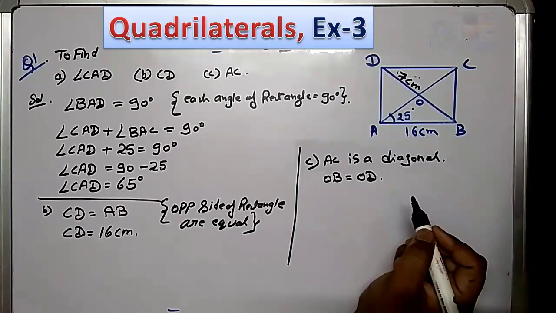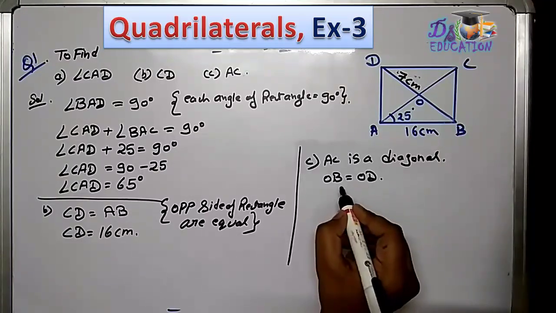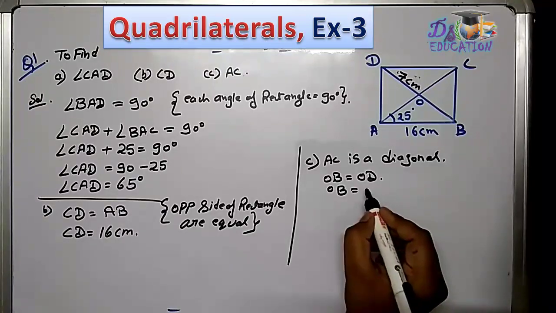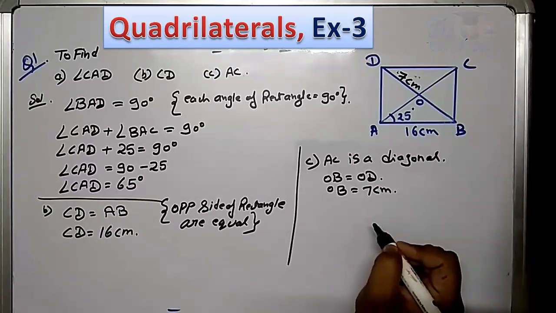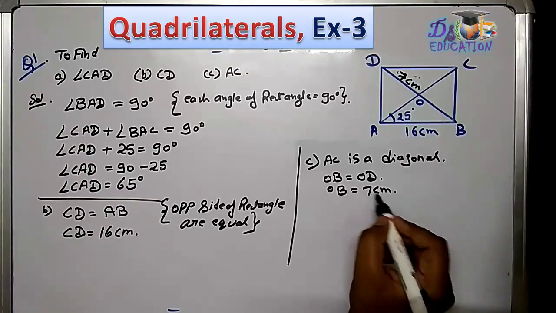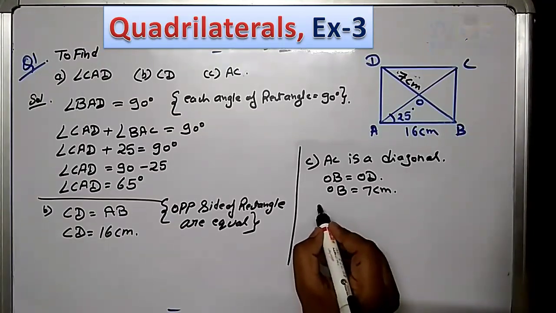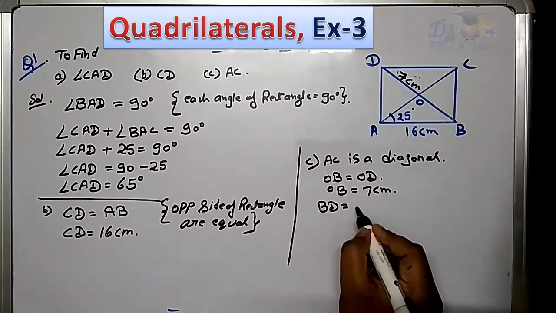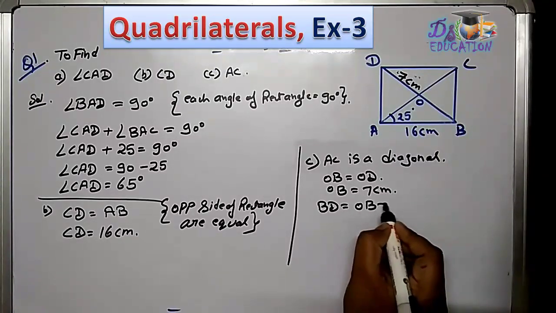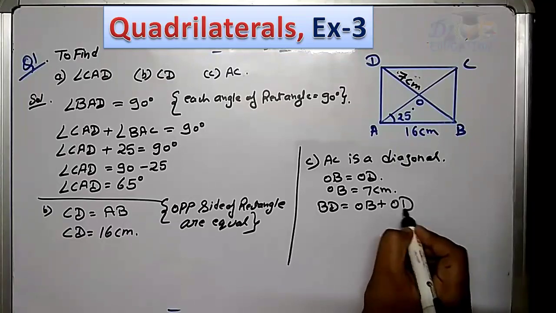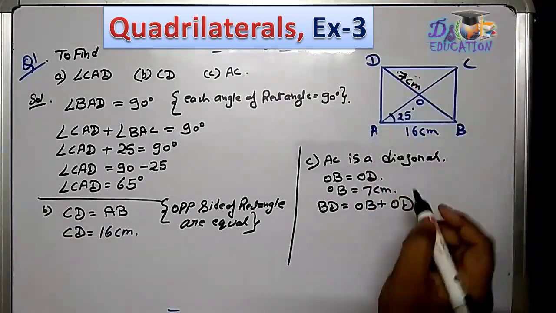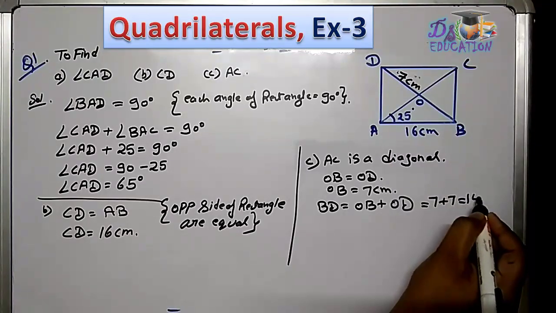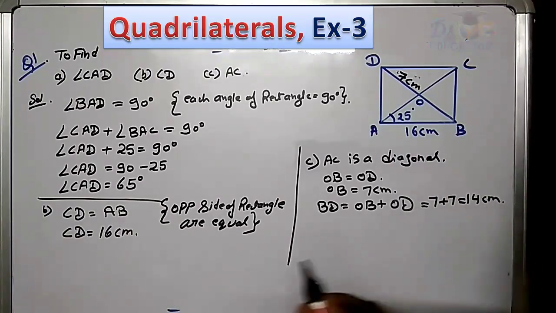So OB is equal to 7 centimeter. Now when OB is equal to 7 centimeter, we can find BD is equal to OB plus OD, which is 7 plus 7 is equal to 14 centimeter.